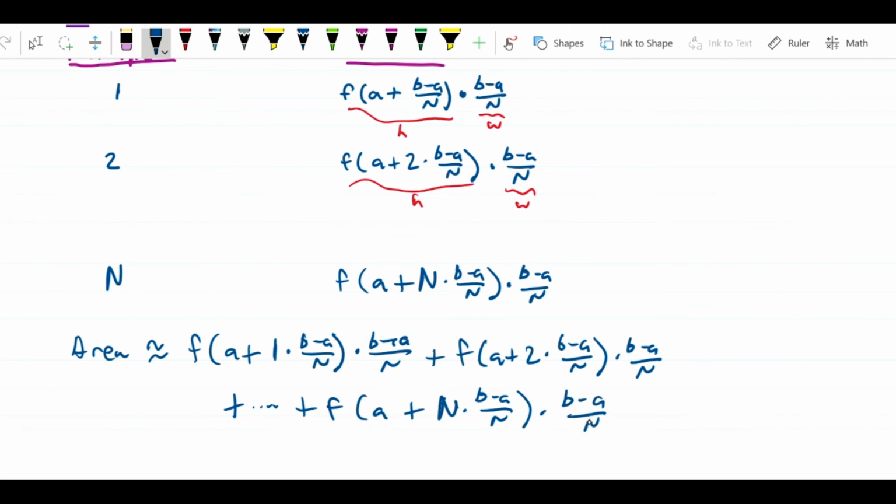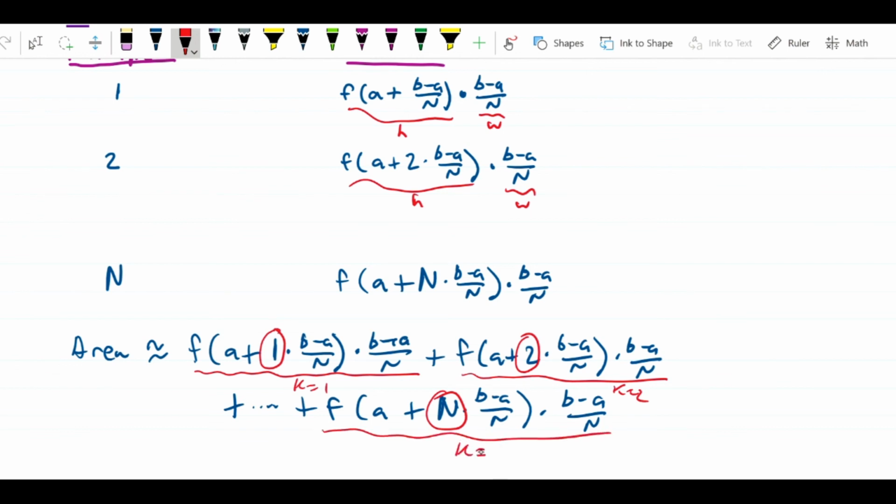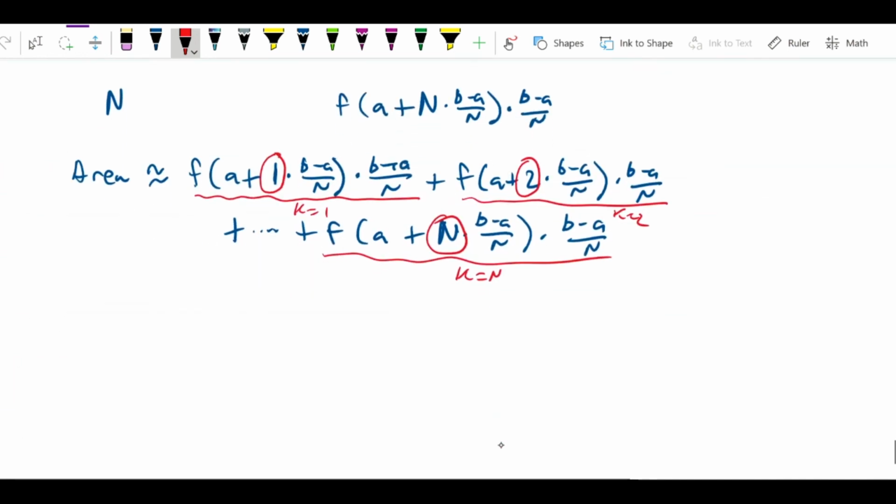Well, this is really a summation because if you look at what keeps increasing here, it's just going to be this. That's 1, that's 2, and it goes all the way up to n. So this is the k equals 1 term, this is the k equals 2 term, this is the k equals n term. So I can write this using summation notation.